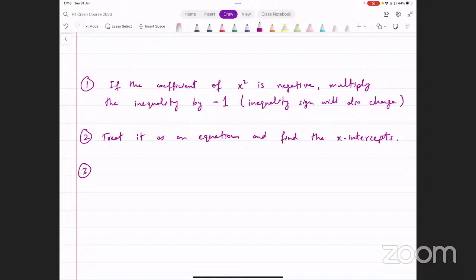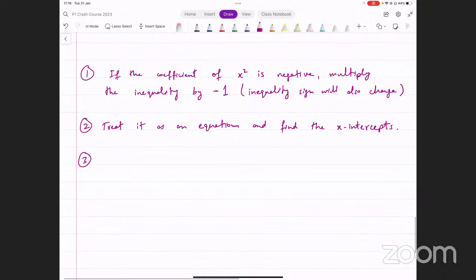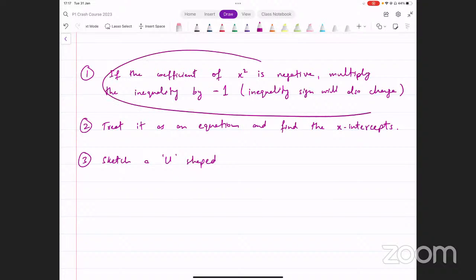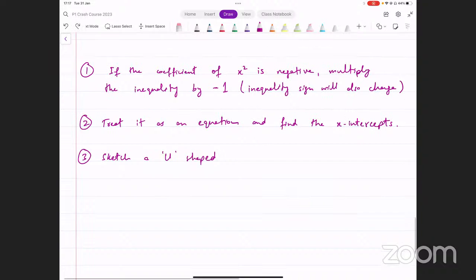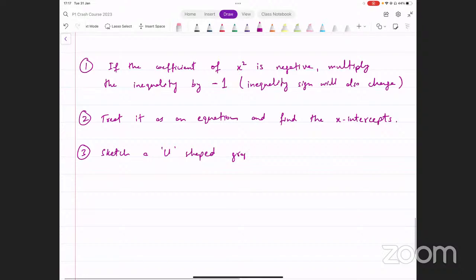And once you've found them, you sketch a U-shaped graph. Why? Because you would have already converted it to a U-shape in the first step. A U-shaped graph to see which regions are correct.